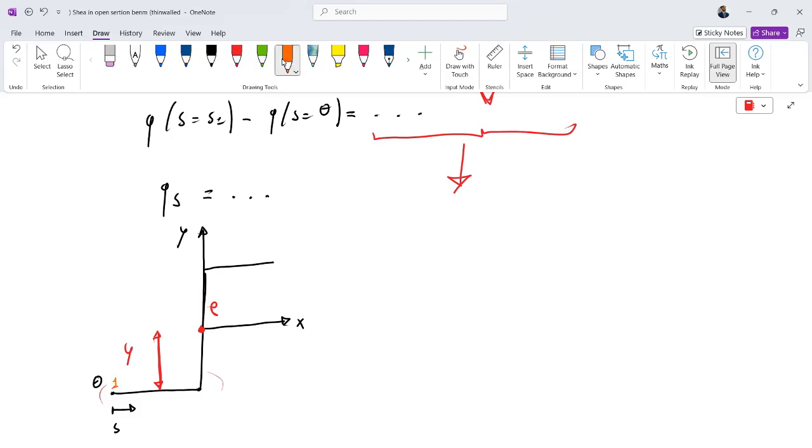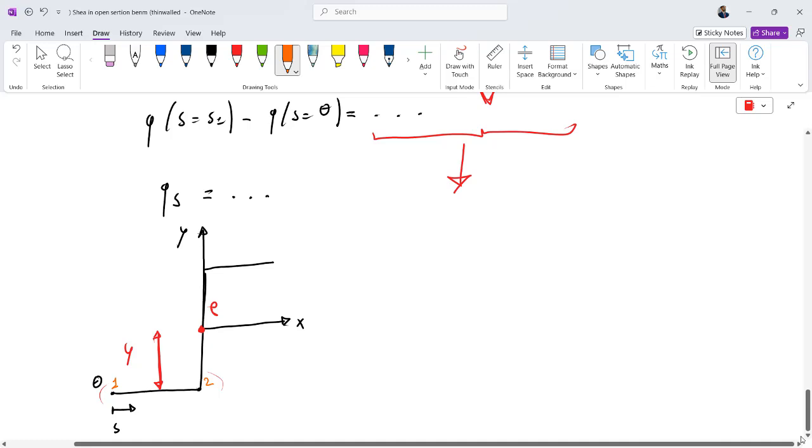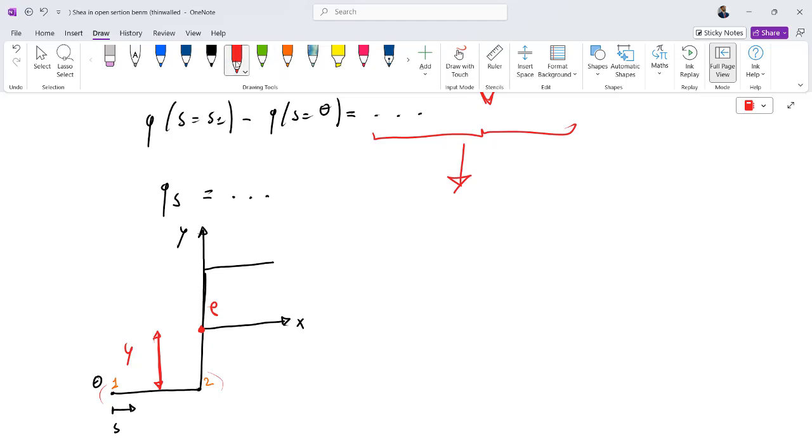The edge 1, 2 of this section is placed at a certain value of y, this y here. But along x, how does the equation vary? I must write an equation along the x, because this is the x coordinate, but this is also the x-axis.